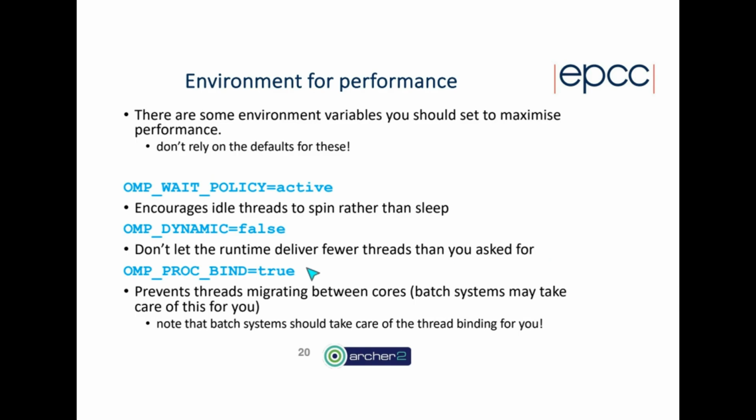And the last one is OMP_PROC_BIND equals true. This prevents threads from migrating between cores. If you're running under a batch system, then typically the batch system will take care of that for you, or at least some nasty collaboration between the batch system and the OpenMP runtime is going on to make sure that your threads get bound to cores.